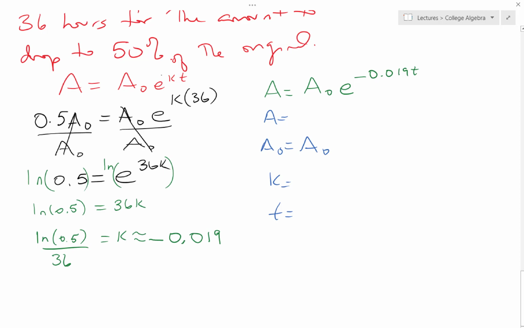So if A sub 0 is A sub 0, don't know what that is, think 100, then A is 90% of that original, which is 0.9 times A sub 0. K, we know, negative 0.019. T, I do not know because I want to solve for how long. How long will it take me to get to 90%?